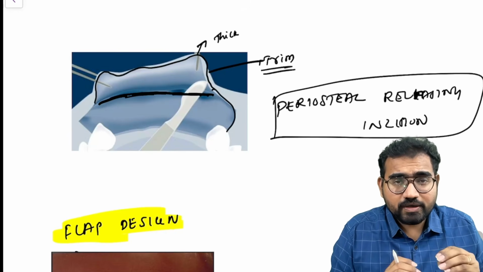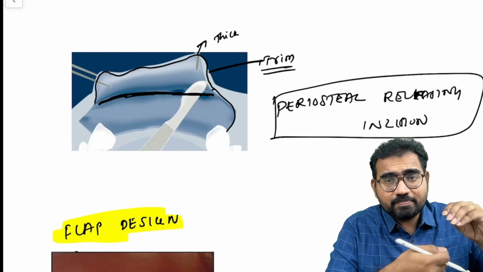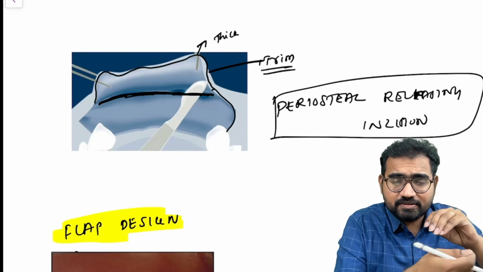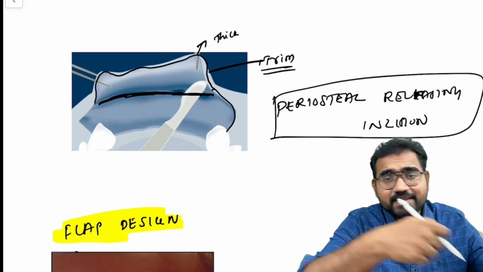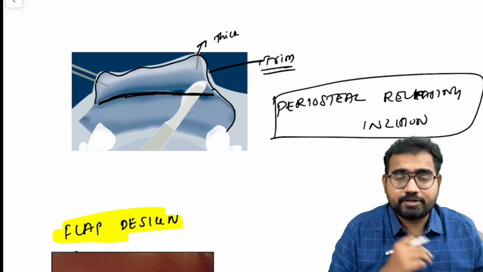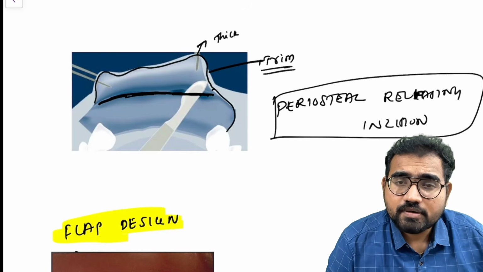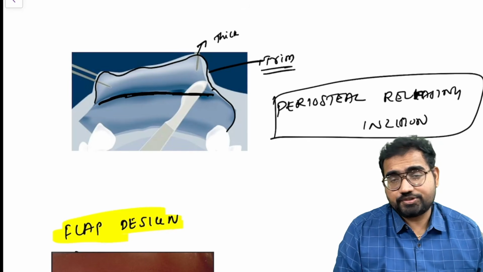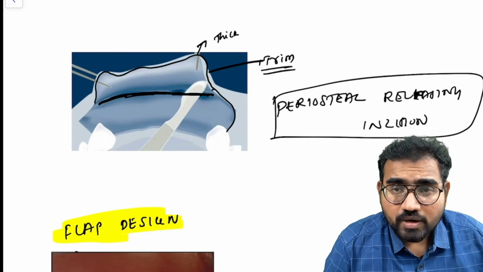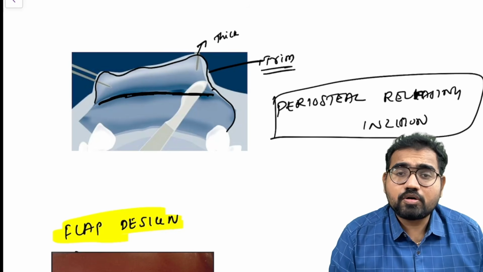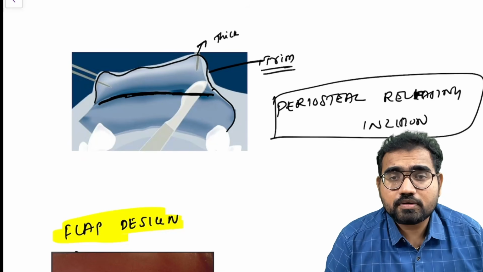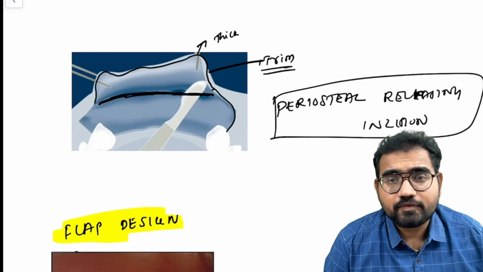In those cases, I'll just raise the flap, give periosteal releasing incision, go as deep as I can, and then try to pull it and suture it. That is called periosteal releasing incision, done to attain a proper closure of the flap.